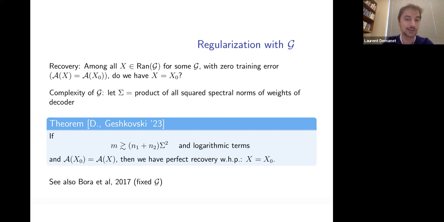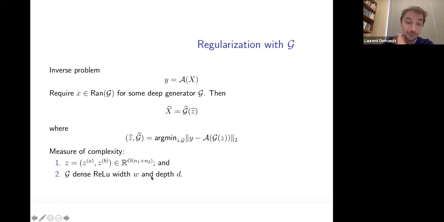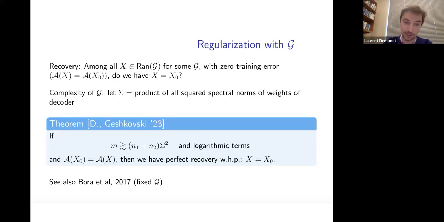So this sigma is related to the Lipschitz constant of G and is related to the W and the D that you saw before for the width and the depth. Morally speaking, I think this sigma is on the order of W to a power that's on the order of D. That's what the Lipschitz constant will end up being.